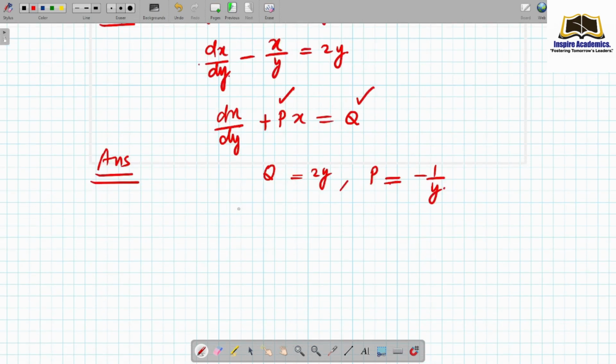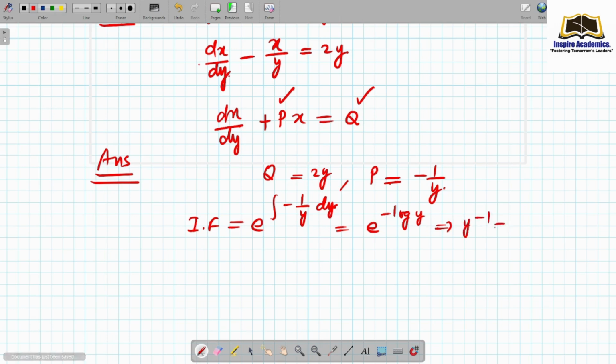Okay. Now that we know this, what will be my IF? IF will be e to the power integral of negative 1 upon y dy. So it will be e to the power negative log y, which means simply y to the power minus 1 or 1 upon y. This will be your IF.